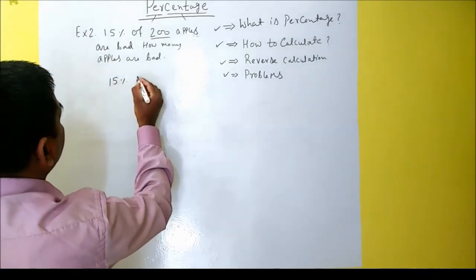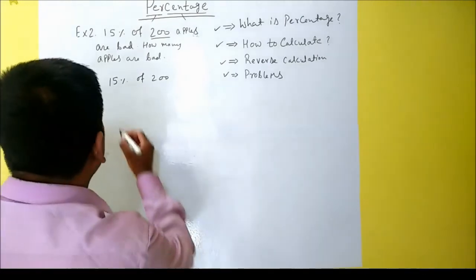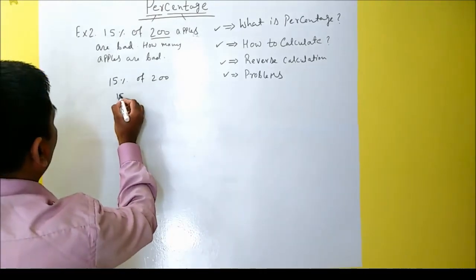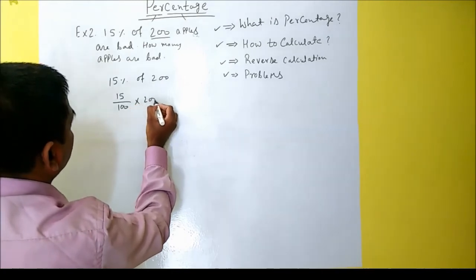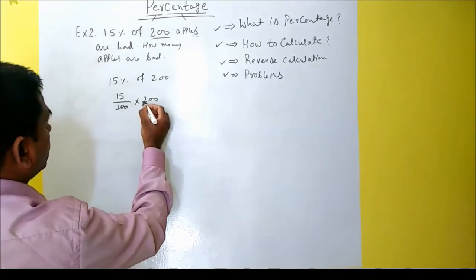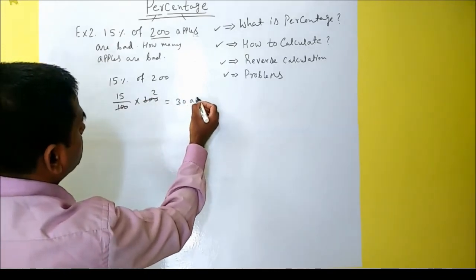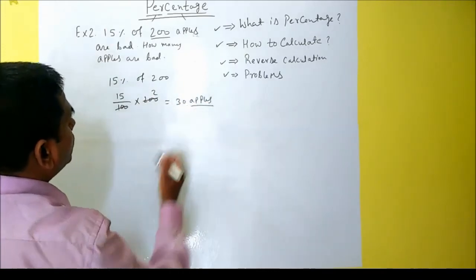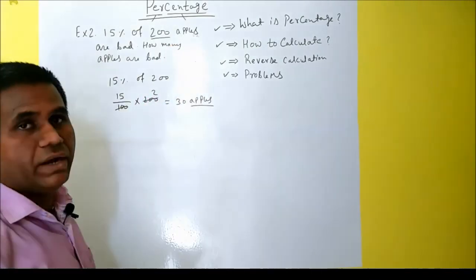In this problem, 15% of 200 we have to find out. So this can be converted into an expression like this, and upon solving you get 30 apples. So 30 apples out of 200 apples are bad.